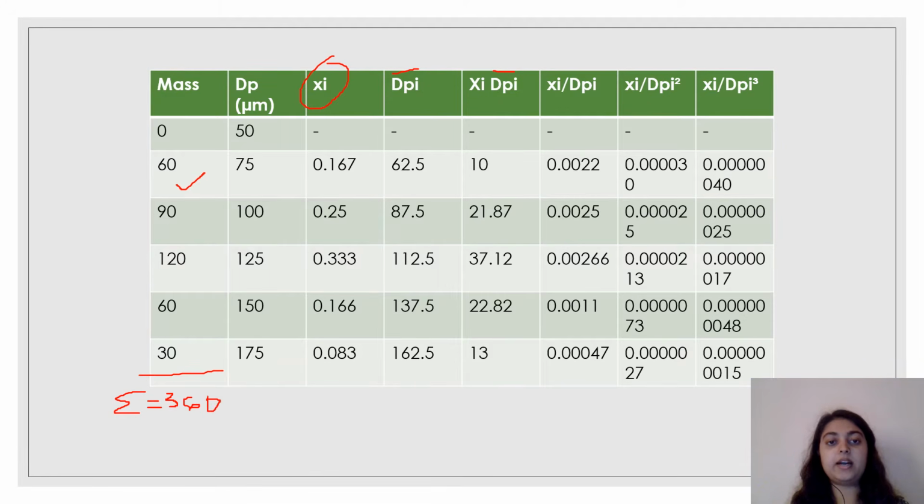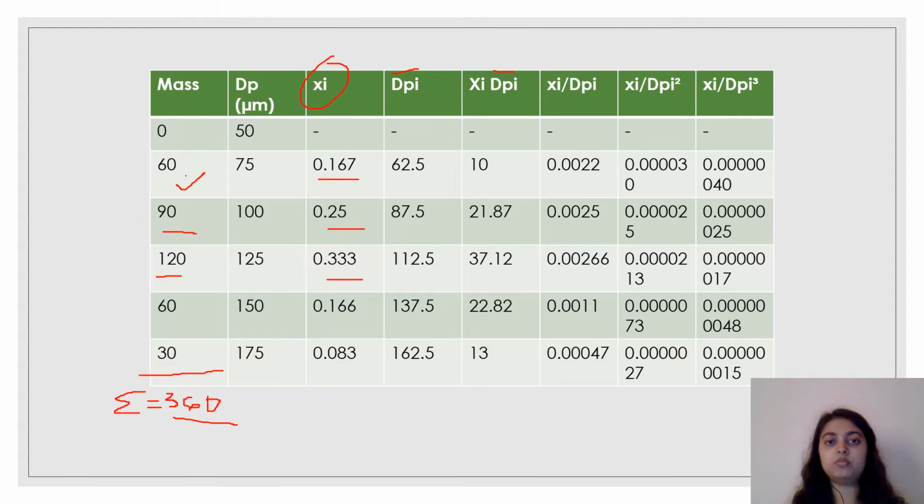Now to calculate xi, I just divide the individual mass, 60, by the total mass, 360. So 60 divided by 360 will be 0.167. Next, 90 divided by 360 will be 0.25. 120 divided by 360 will be 0.33 and so on. I hope this is clear.